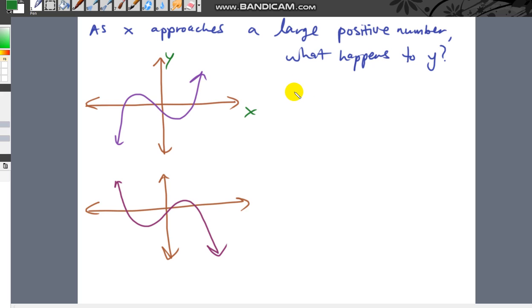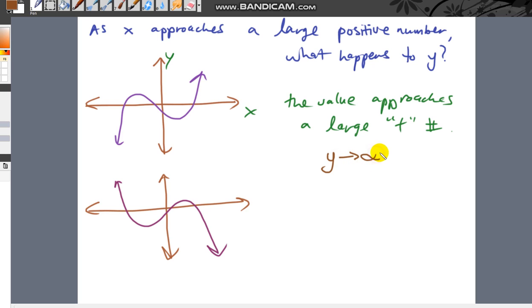So in this case, the y value approaches a large positive number. Or in other words, as you will probably see later, the way you express this in notation is y is going to approach infinity. So it's approaching a really big number.